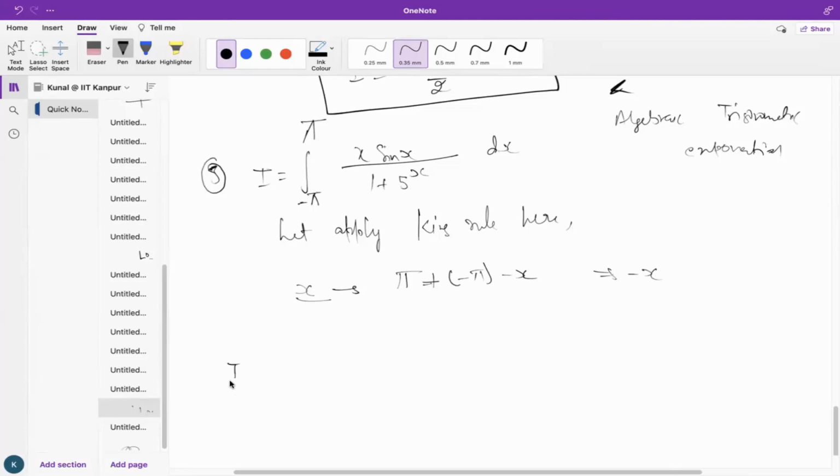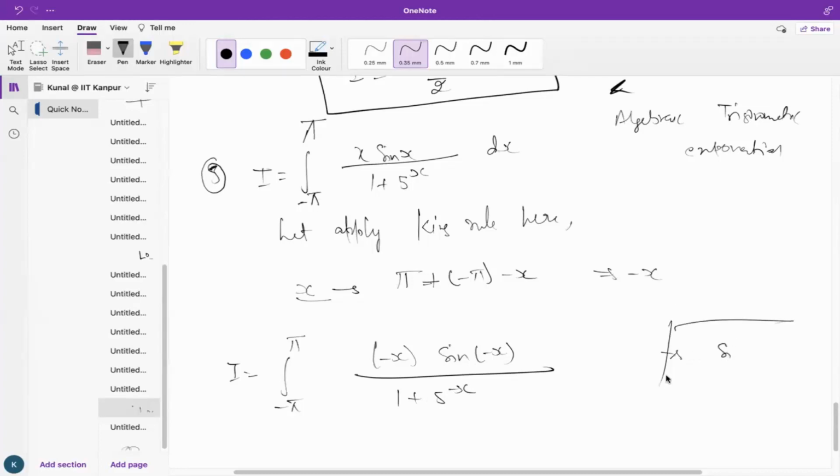So our I also looks like this if we replace: we integrate from minus pi to pi, and I replace x by minus x. So it will be minus x sine of minus x over 1 plus 5 to the power minus x. And you know that sine of minus x is minus sine x, which is a basic trigonometric property.